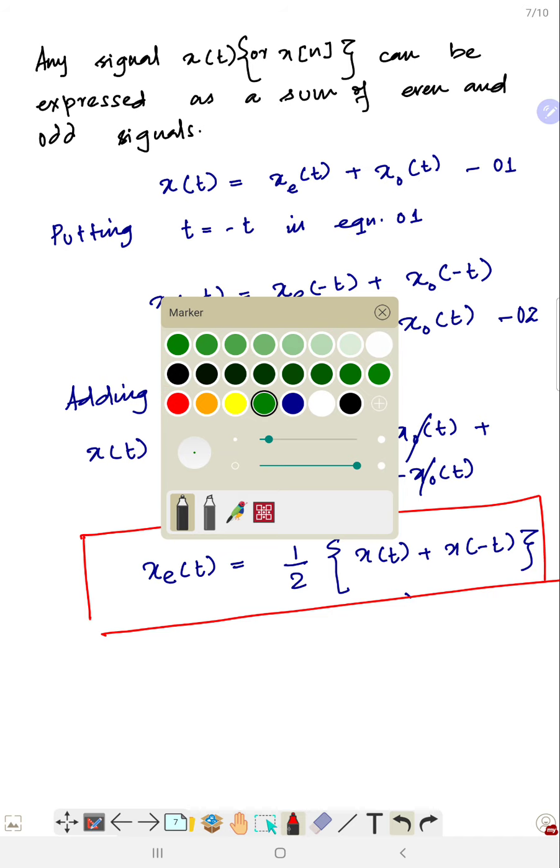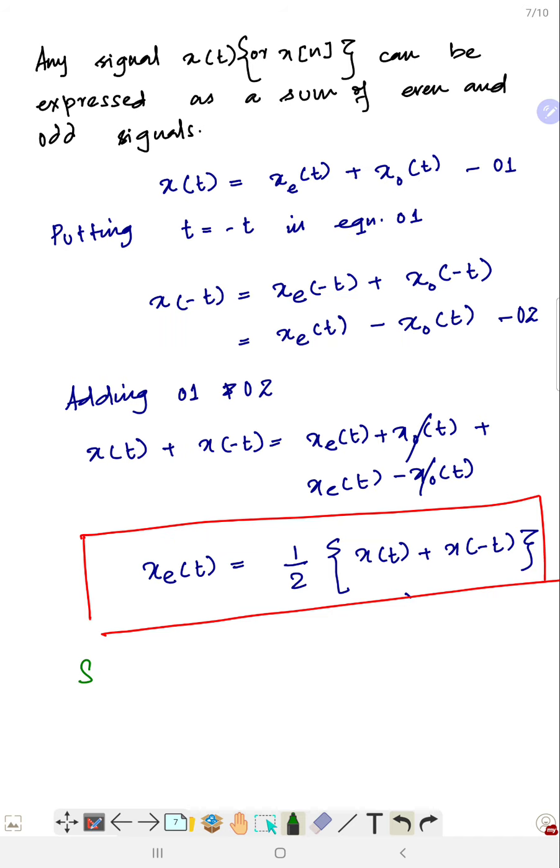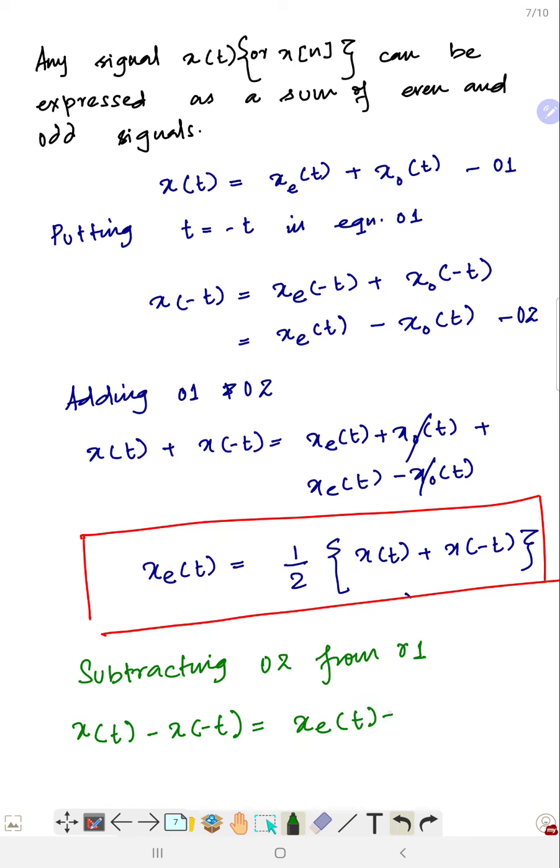Similarly, we will do a similar operation wherein I will subtract the second equation from the first one. So it will be x of t minus x of minus t, and on the right hand side I will have x even t plus x odd t minus x even t plus x odd t.